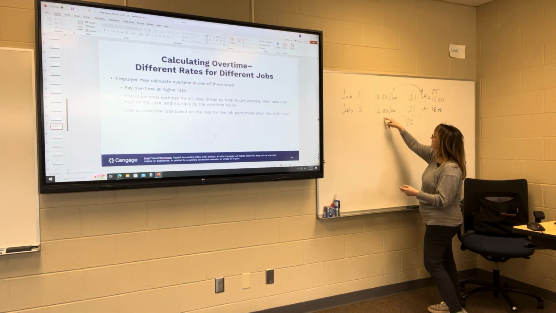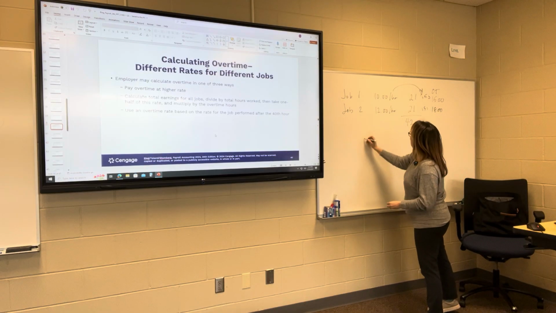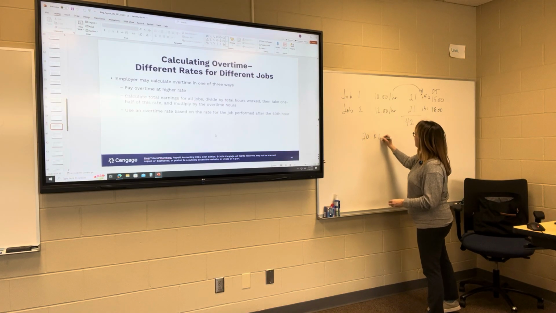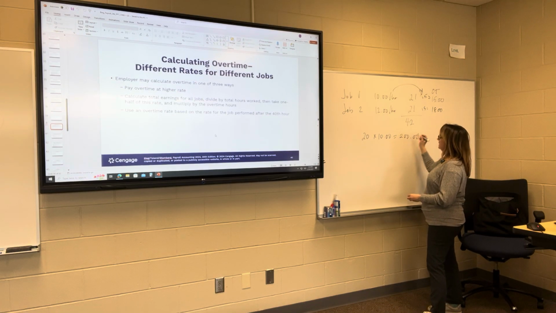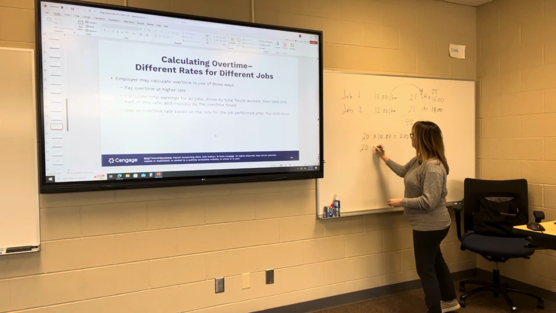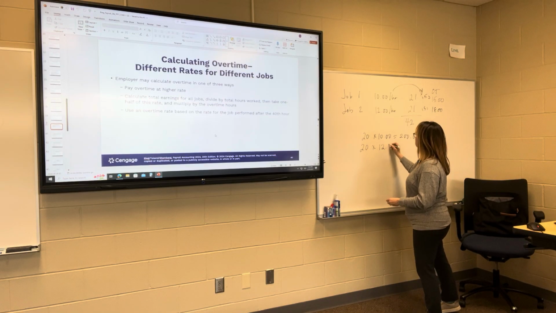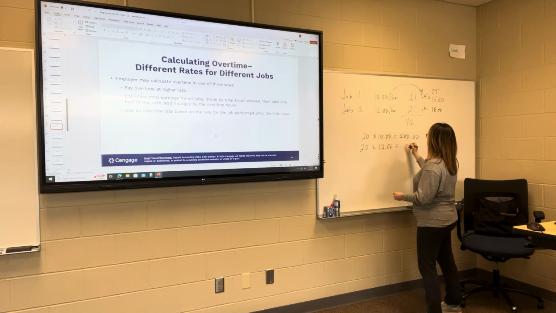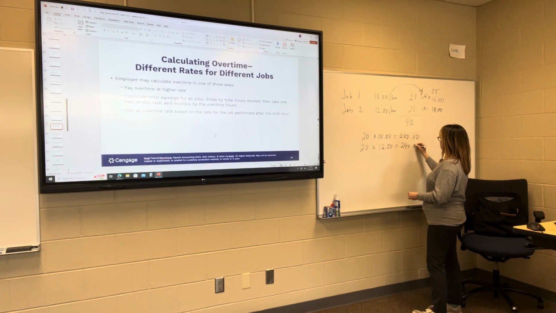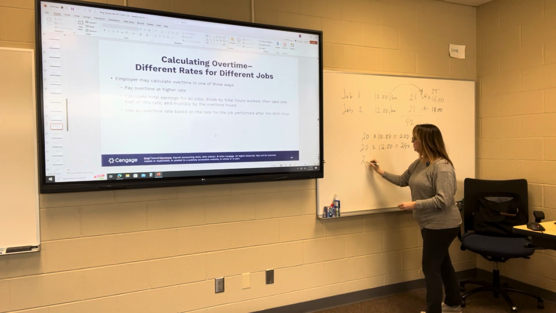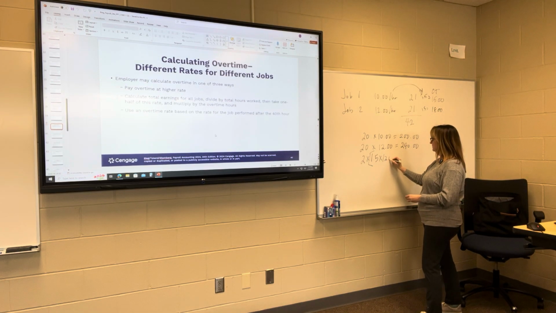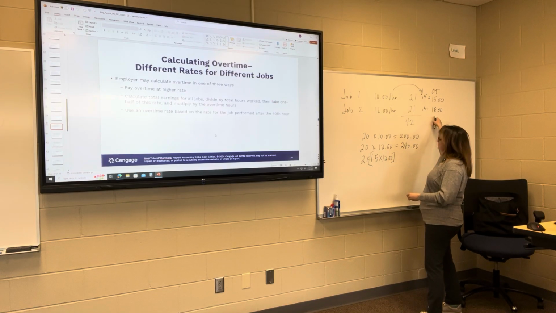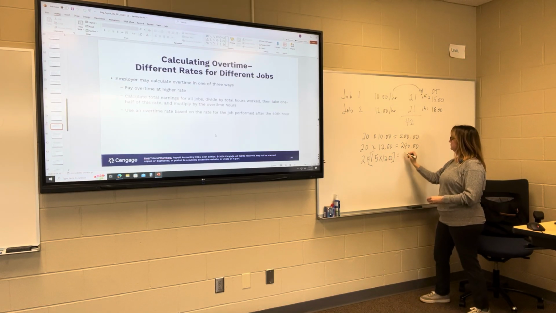The higher rate is $12, so they're going to get 20 hours at $10 an hour, 200. And then they're going to get 20 hours at $12 an hour, which is 240. And then they're going to get 2 hours at the overtime rate times 1.5 times $12 an hour, which is our $18 an hour, so $36.